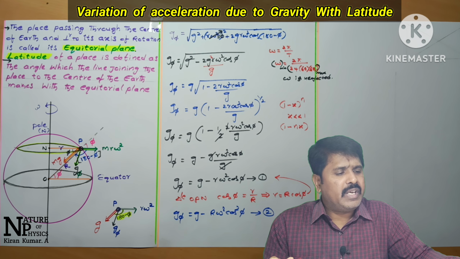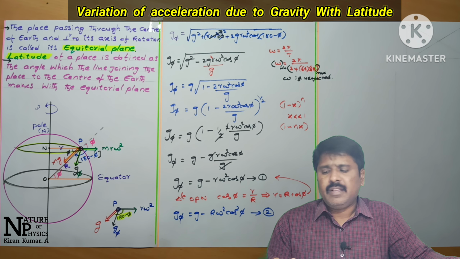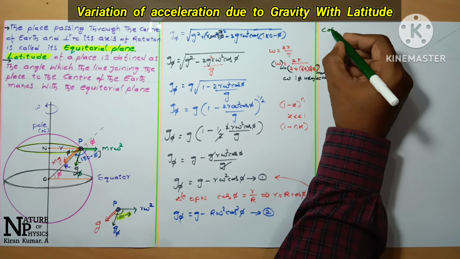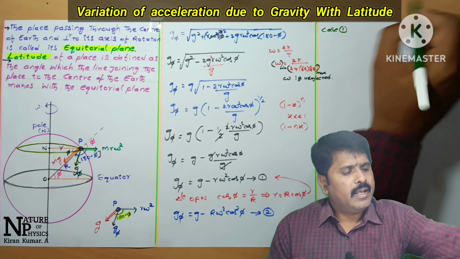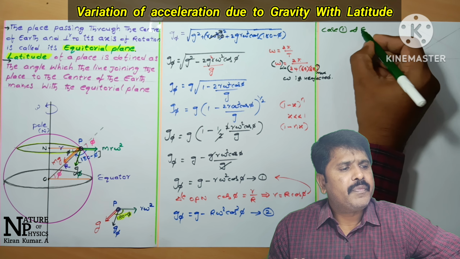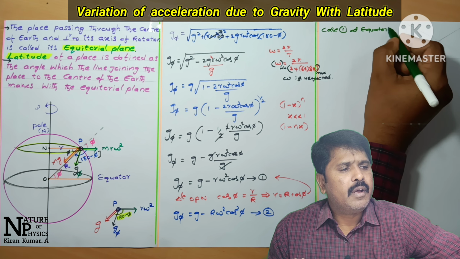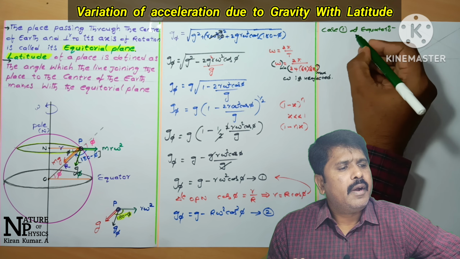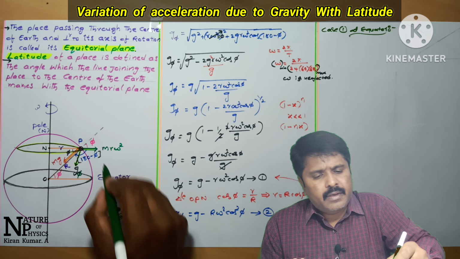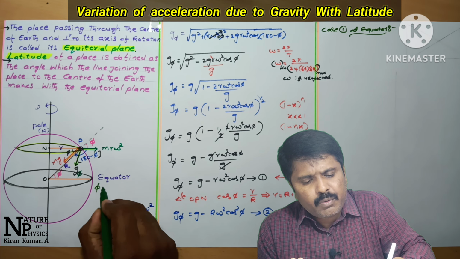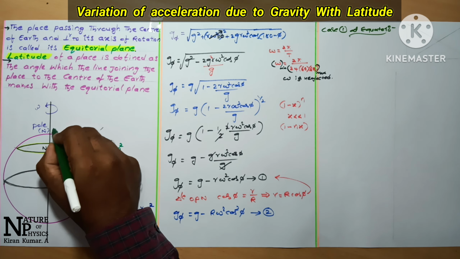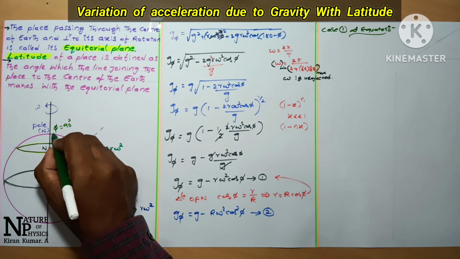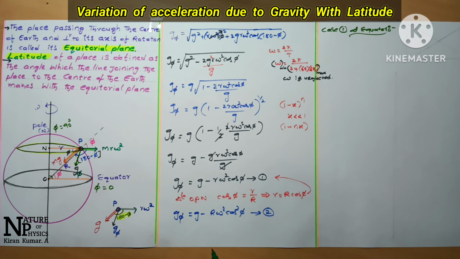And then continuing, applications are there. The applications I am going to explain. The first application, case 1, at the equator, so that phi value is equal to 0. At the pole phi is equal to 90 degrees, from equator to pole 90 degrees, students.